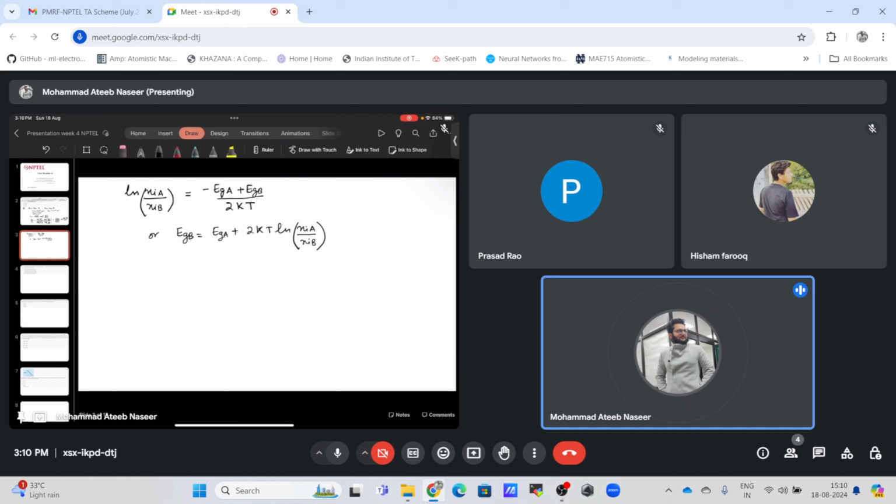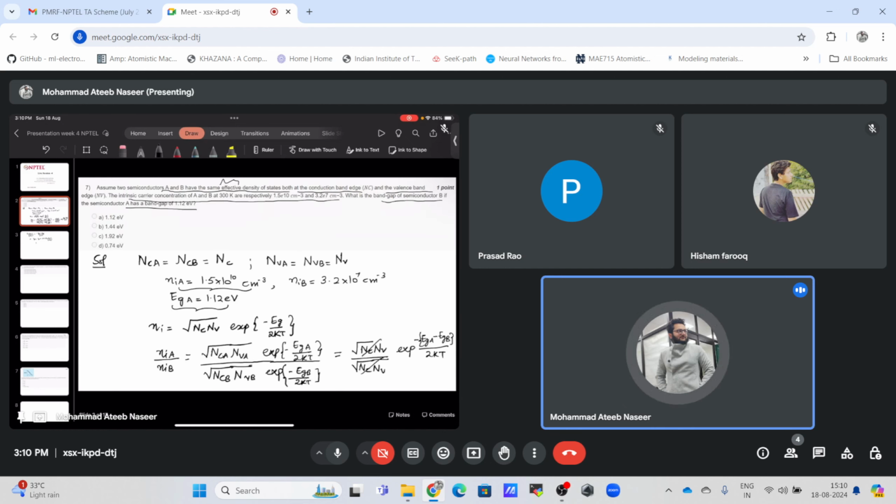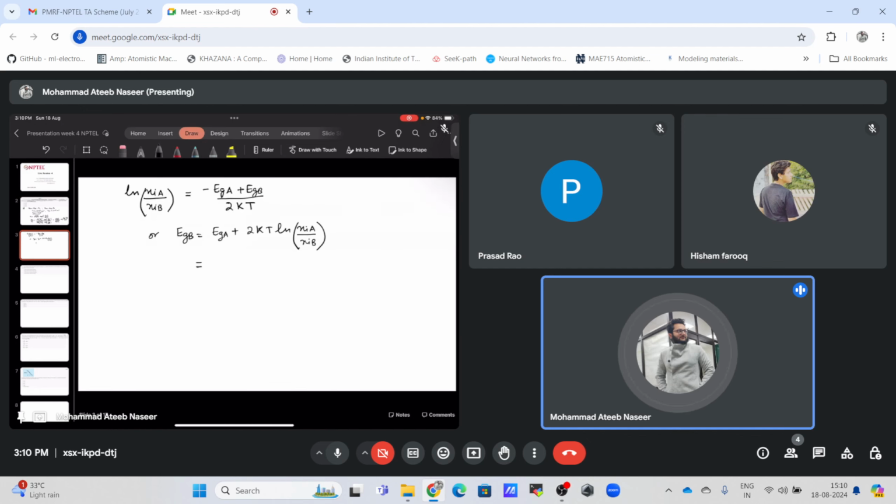So let's put the values for this. Eg of A, that is the band gap of material A, is 1.12, plus 2 times this kT at room temperature, that is 300 kelvins. We can take it to be equal to 26 milli electron volts.